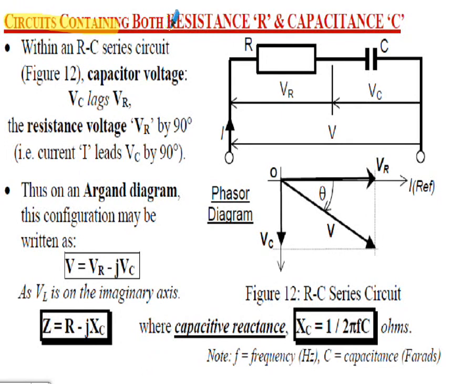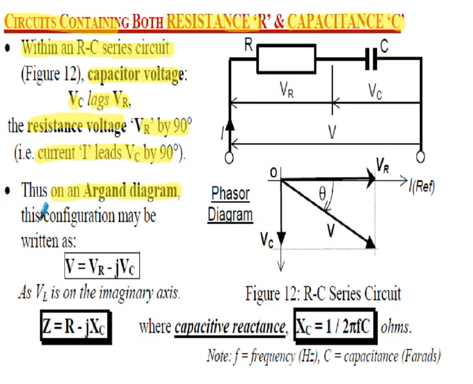Circuits containing both resistance R and capacitance C. Within the RC series circuit shown on the right, the capacitor voltage, VC, lags VR, the resistor voltage, by 90 degrees. In other words, the current leads the voltage in the capacitor by 90 degrees.